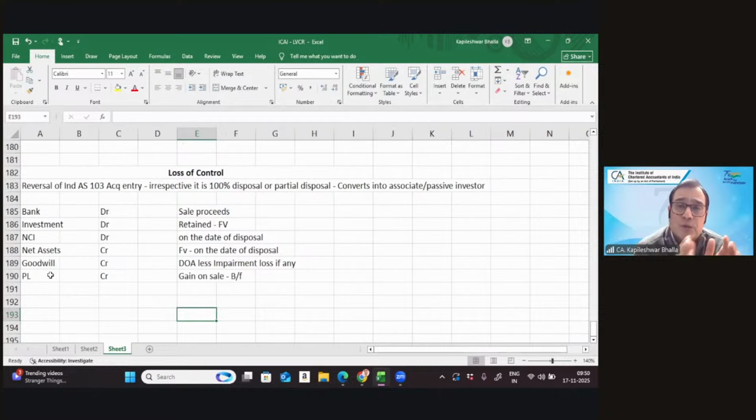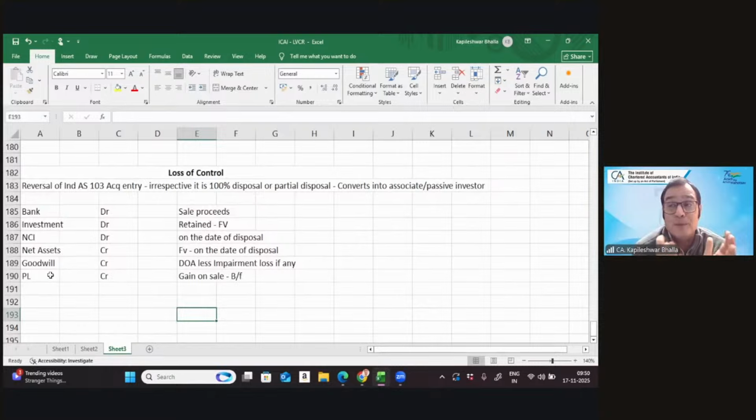There's a wonderful question in the study material as well, given in the later test exercises at the end. If there is a conversion of a subsidiary to an associate, do you make a scrutiny of the accumulated OCI, and do you shift that amount from other comprehensive income to the RE and the P&L?